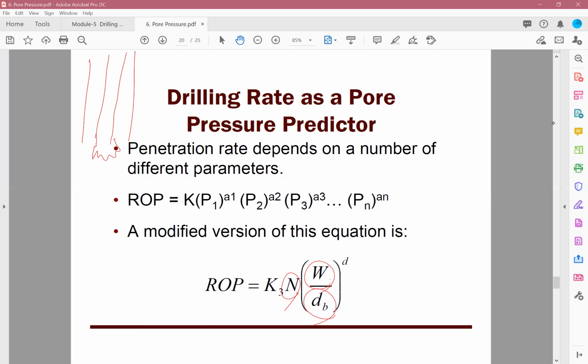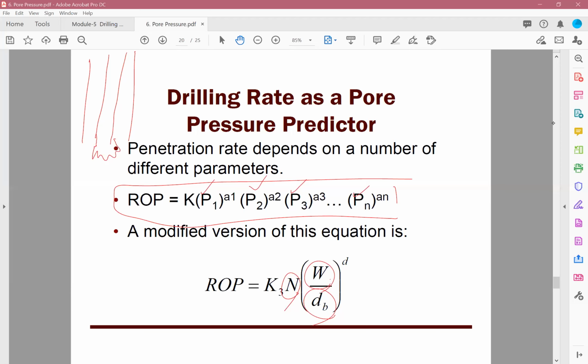There are many other factors; if you check the drilling book, there's a chapter about this, and around 9 to 10 factors are mentioned that would affect your drilling.